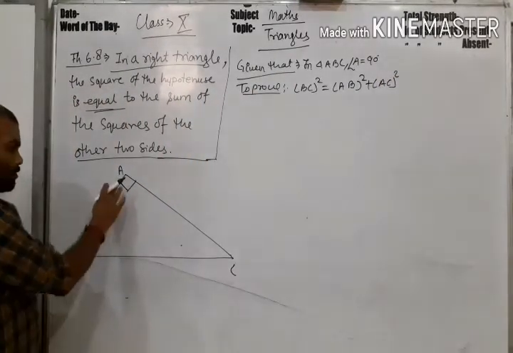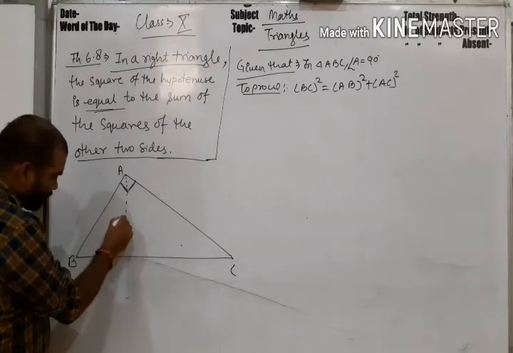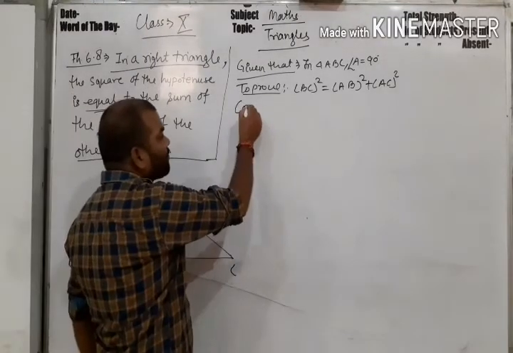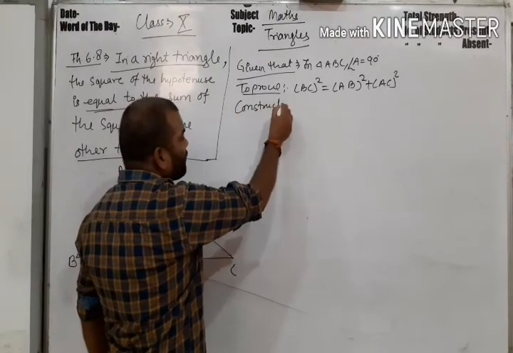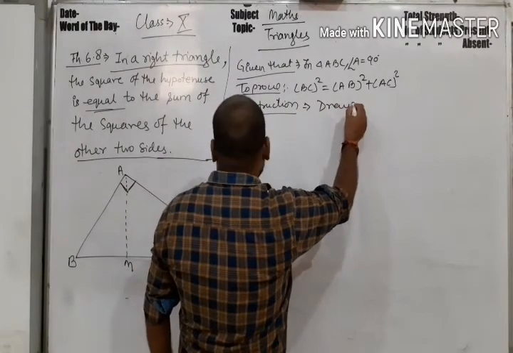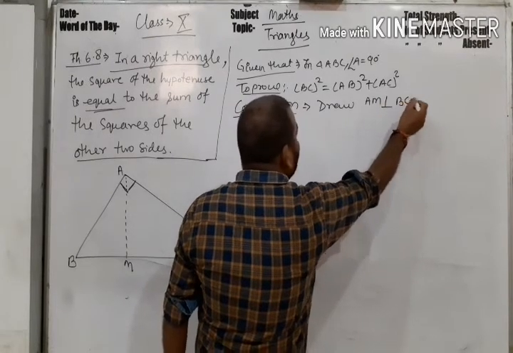Okay, so we need some construction work. We will draw a perpendicular from here. Construction: draw AM perpendicular to BC.